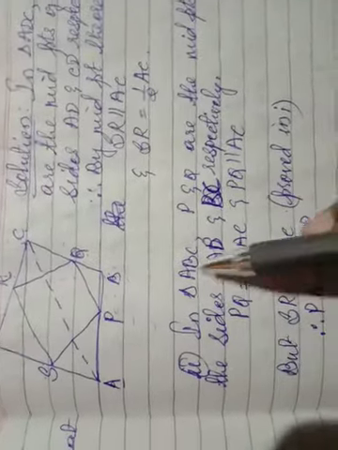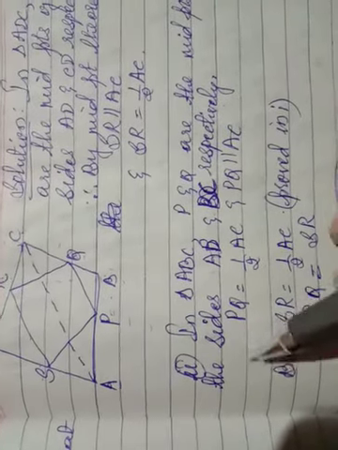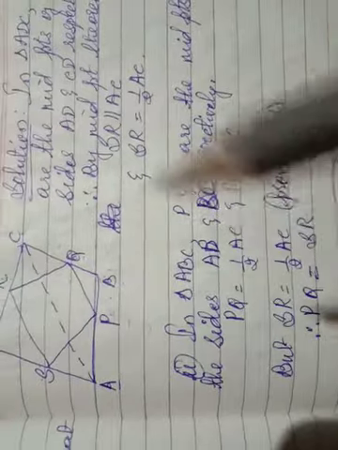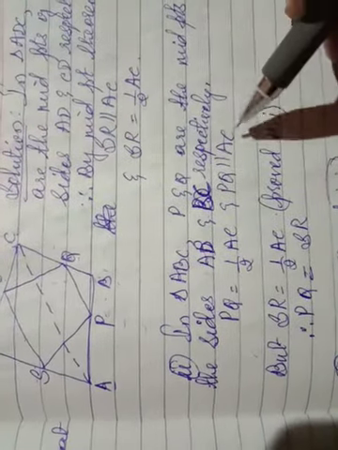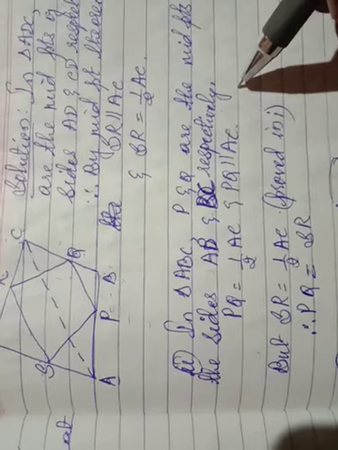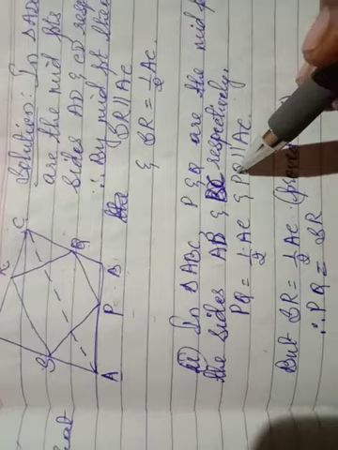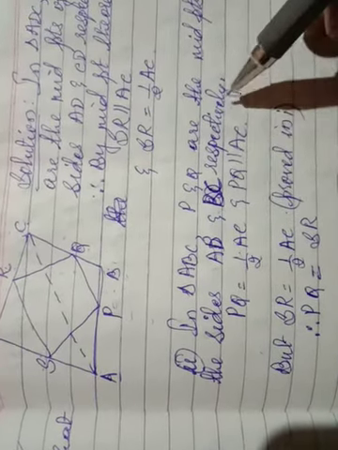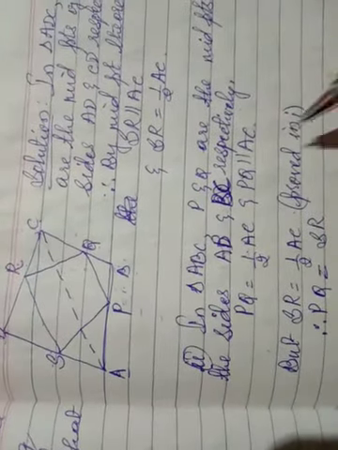Okay. Now, second one, in triangle ABC, P and Q are the midpoints of the sides AB and BC respectively.